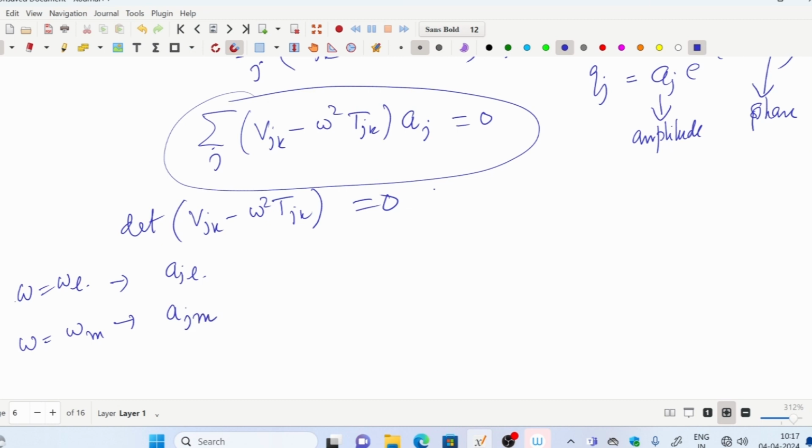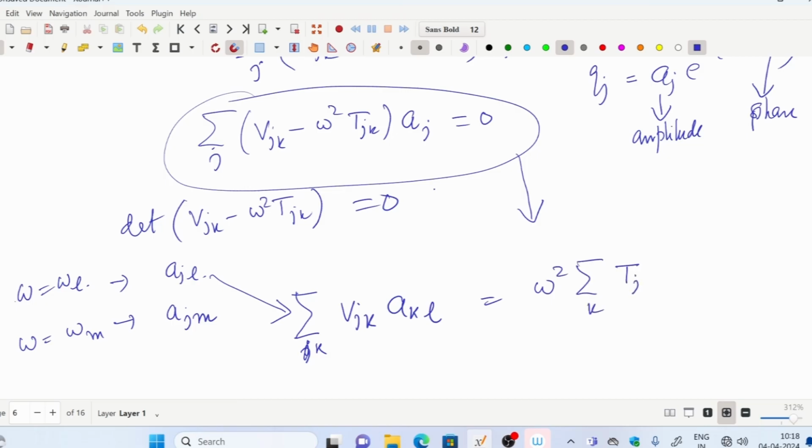Okay. So, let us explicitly write this equation. Let me write with the different index k: sum over k of V j k A k L is equal to omega L square sum over k T j k A k L. Okay.